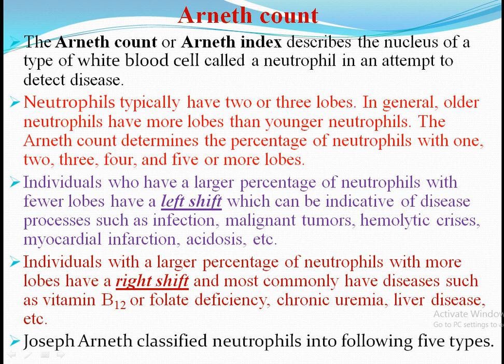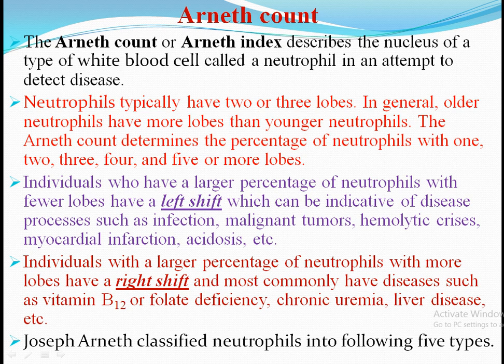It is a count which is dependent on the number of lobes of the nucleus of the neutrophil. In general, older neutrophils have more lobes than younger neutrophils. It determines the percentage of neutrophils with 1, 2, 3, 4 and 5 or more lobes.